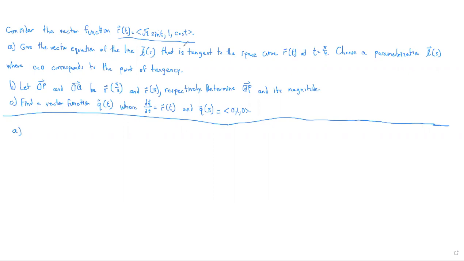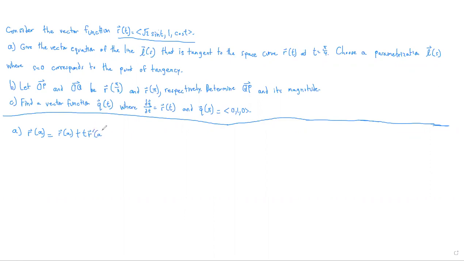So the way I like to find the vector equation for the point of tangency is r of a, this is not the same thing as r of t, this is like the parameterization for tangency, plus t r prime of a.